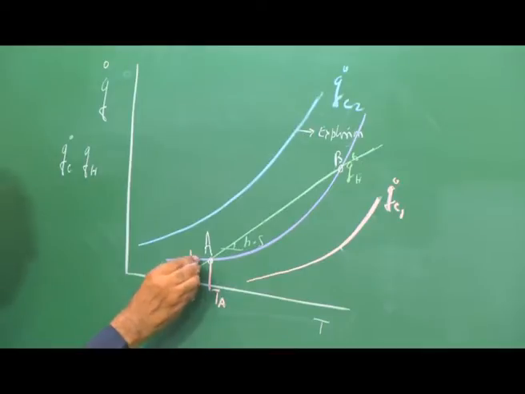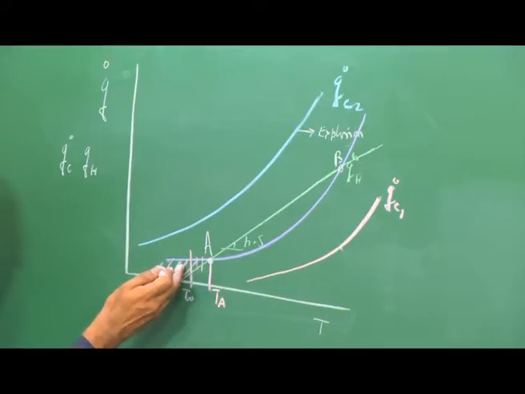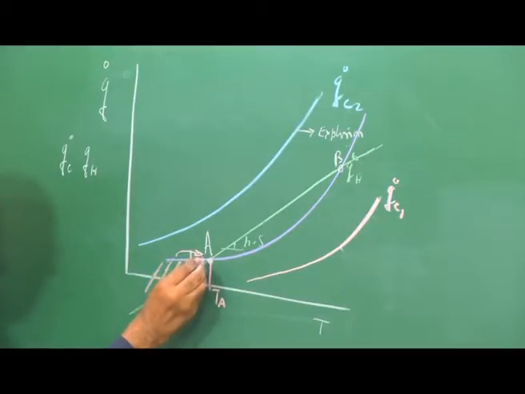I find still the heat generation by chemical reactions is higher than heat loss, therefore the temperature comes up and it will reach this particular point. Therefore, to the left of point A, if by chance I have the mixture at these temperatures, the point always goes in this direction and reaches point A.